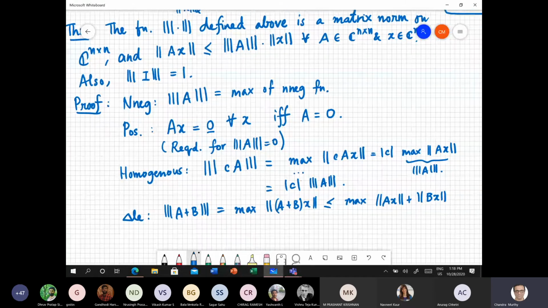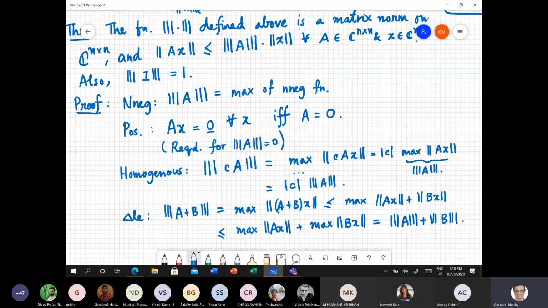In turn, this is less than or equal to, so instead of maximizing the sum of these two quantities, I can individually maximize these two terms and add them up. That can only increase the value. So that is max of norm Ax plus max of norm Bx, and this by definition is norm of A plus norm of B. So it satisfies the triangle inequality.